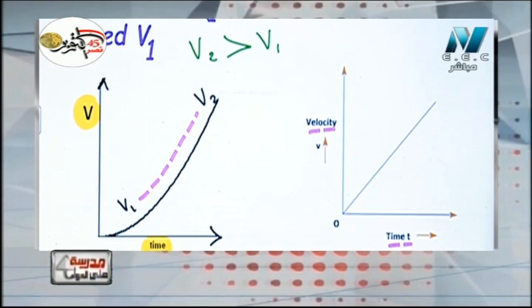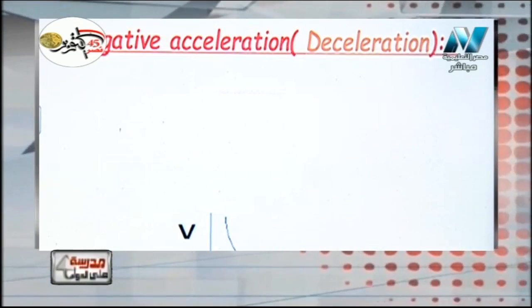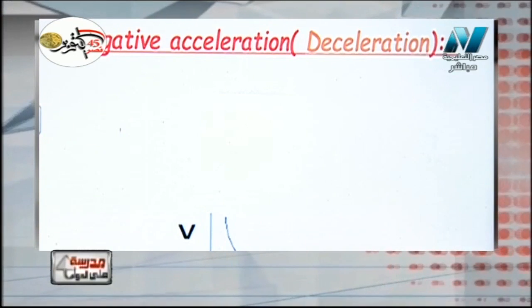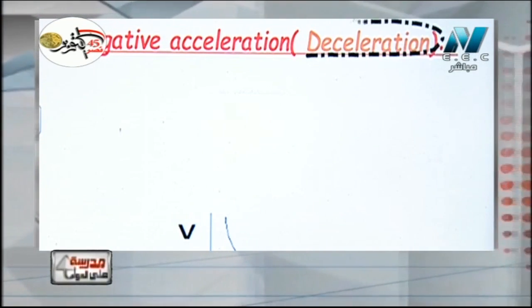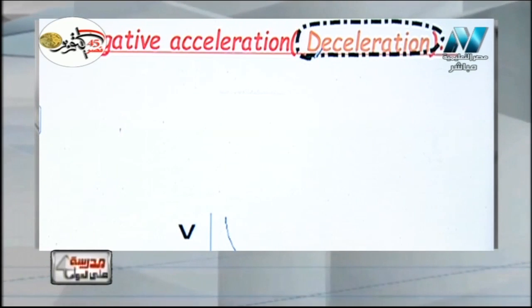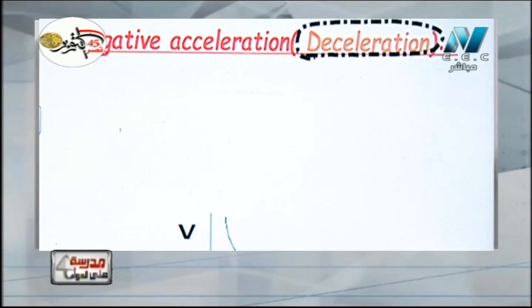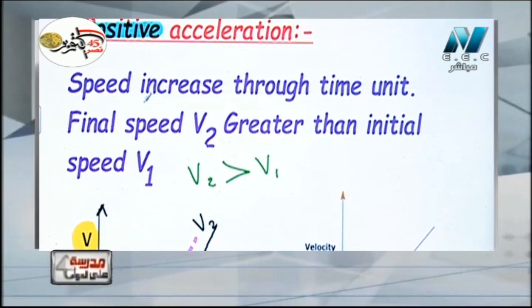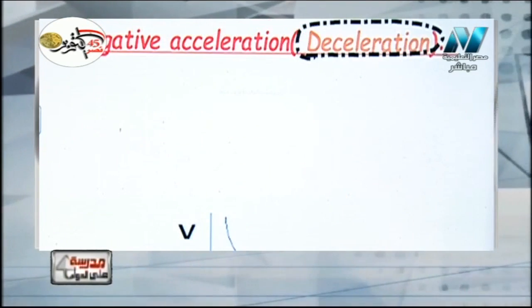Okay, so the final speed, be careful, is greater than initial speed, and at the same time we have negative acceleration, or deceleration, or decreasing acceleration. We can write decreasing acceleration or deceleration or negative as the opposite, be careful here, of positive. Here the speed increases as time passes, but here we have what?